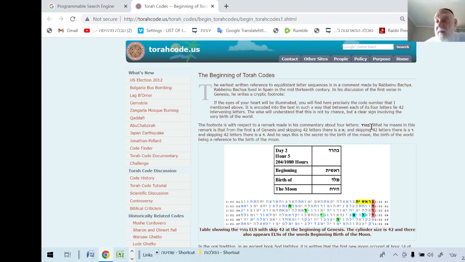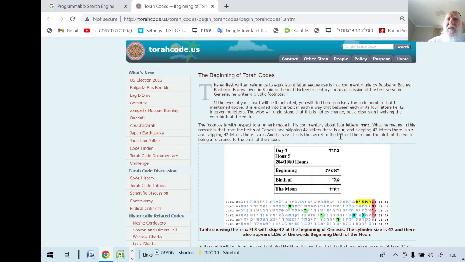We speak about the four letters Bet, Hey, Resh, Daled, which are an abbreviation indicating numbers. What the remark means is that from the first Bet of Bereshit, the first letter in the Torah, the beginning Bet of Genesis, skipping 42 letters, there is a Hey.